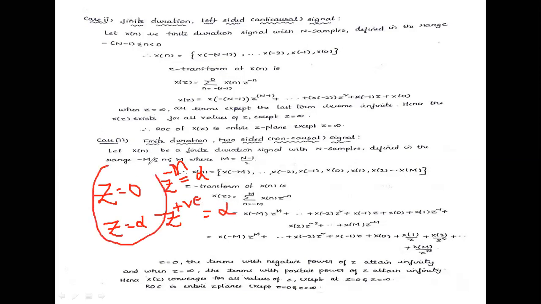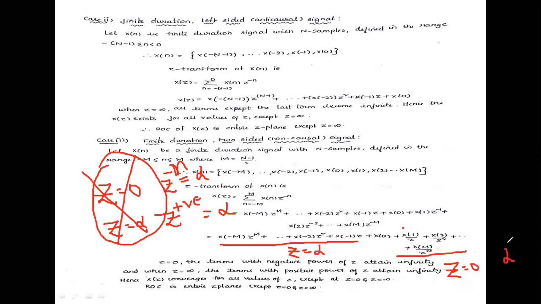So except z is equal to 0 and z is equal to infinite, for the remaining values it exists here. See here the x of minus 1 z, z square, and so on. For these values, z is equal to infinite does not exist. And for these values, z is equal to 0, you can substitute here.